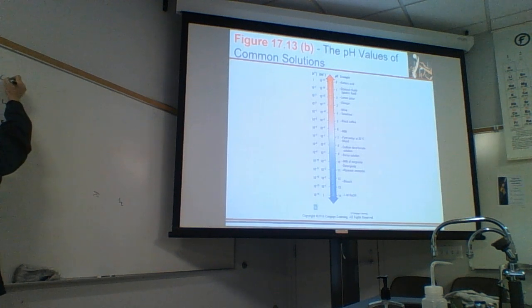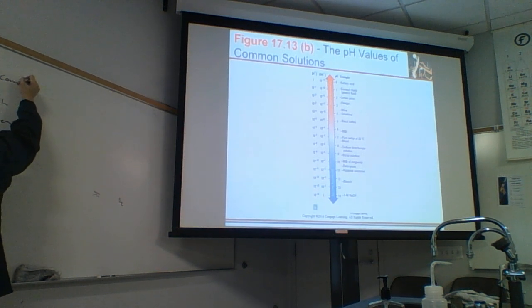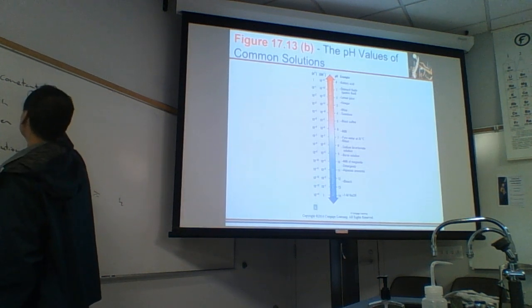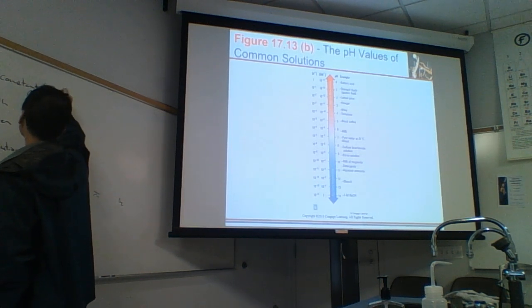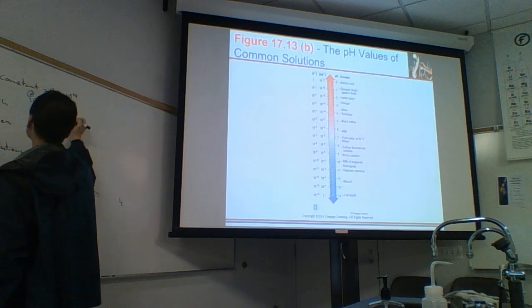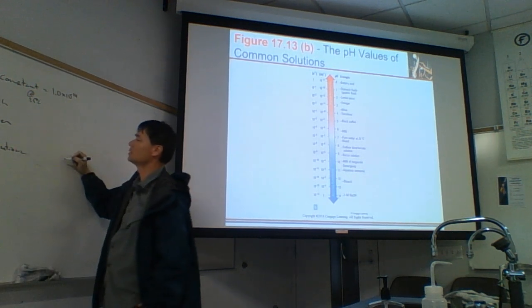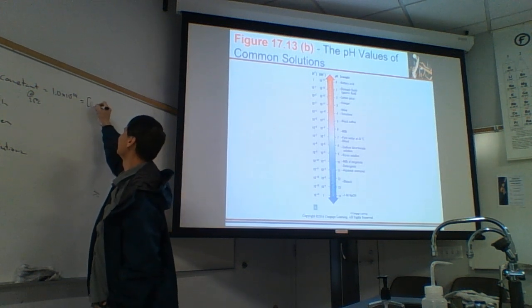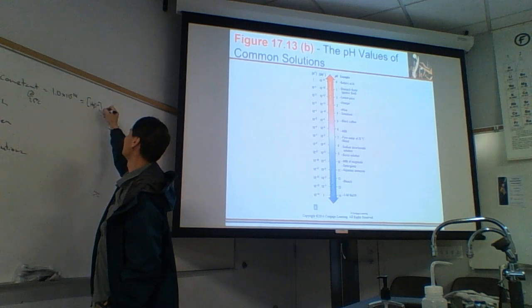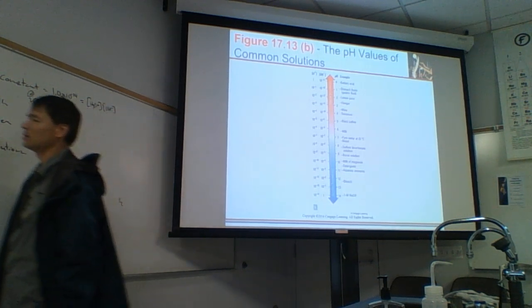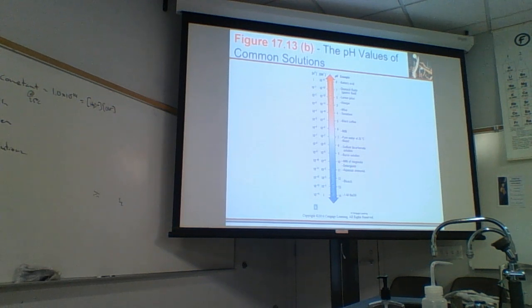KW is a constant at 25 degrees C and equals 1.0 times 10 to the minus 14. What KW equals is the hydronium ion concentration times the hydroxide ion concentration. These square brackets represent the molar concentration.